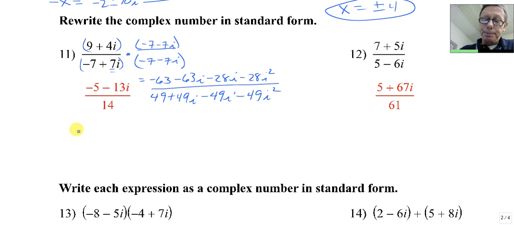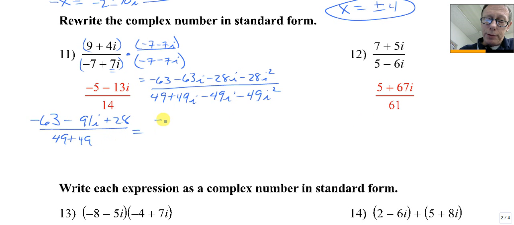Let's simplify that. I'm going to have a negative 63 minus 28, so that would be 91. And then I have i squared, which will turn this into a plus 28. My denominator will be 49. I have a plus 49i minus 49i, so those will go away, and I have i squared, which will change this 49 to plus 49.